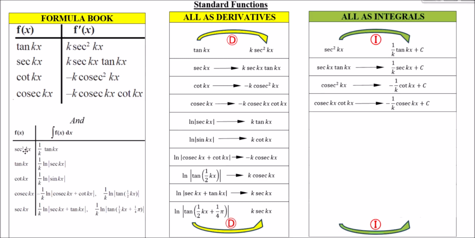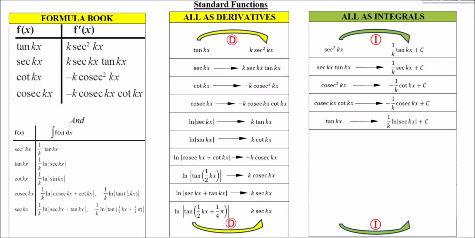So this next bit, integrating sec squared, gives me 1 over k tan kx, which we've already got from the above. So the next one, if I were to integrate sec kx tan kx, that would give me 1 over k sec kx plus the arbitrary constant of integration, and just following on these results as so.